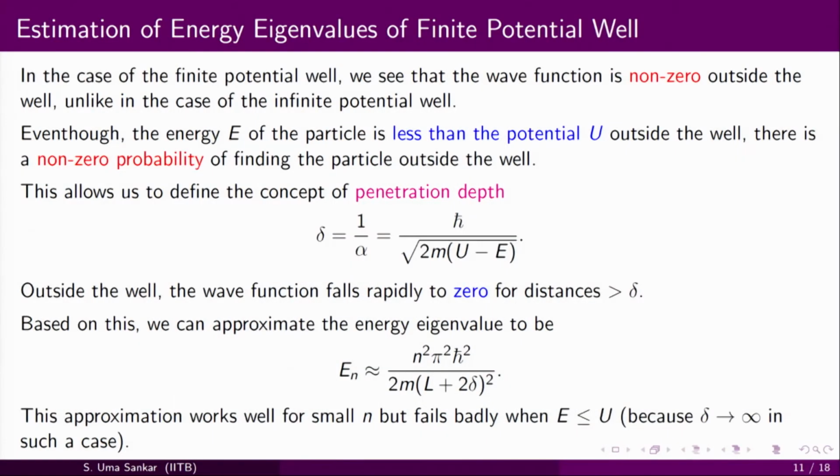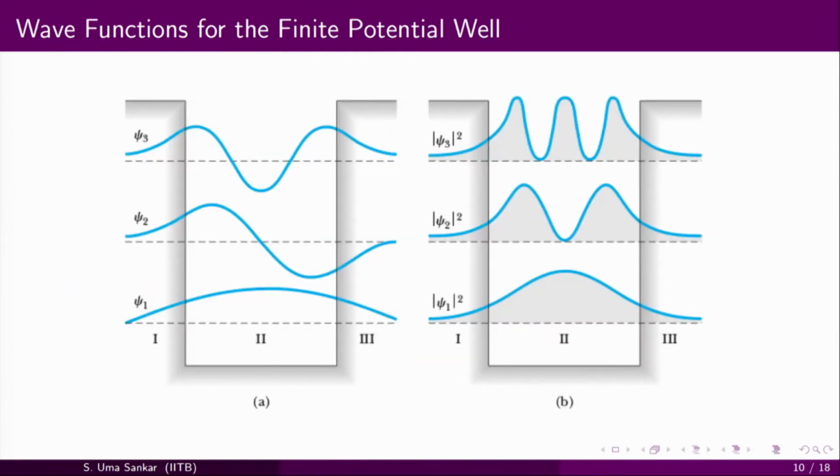What are the energy eigenvalues in the case of the finite potential well? The exact calculation, as I already mentioned, is a bit complicated, but we can make an approximation to get a reasonably good guess as to what the energy is. Look at the figures of the wave functions on the left hand side.